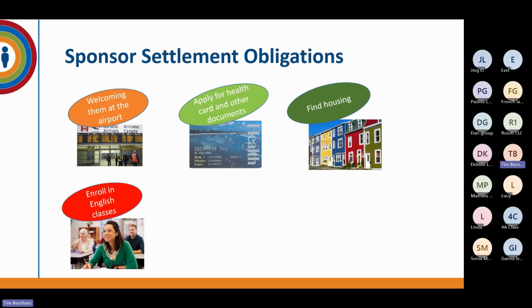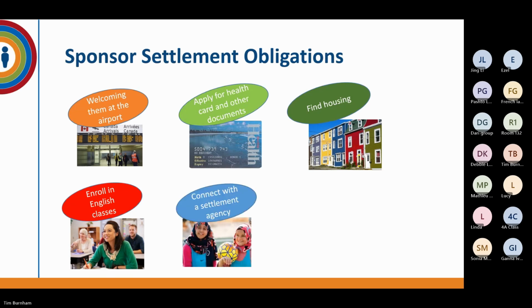If they need help with English, to enroll them in English classes. To help connect them with a settlement agency like MCAF, where they can get more help with settlement.